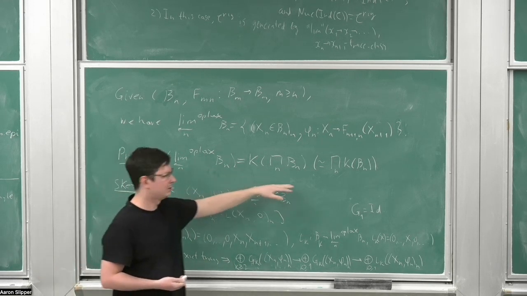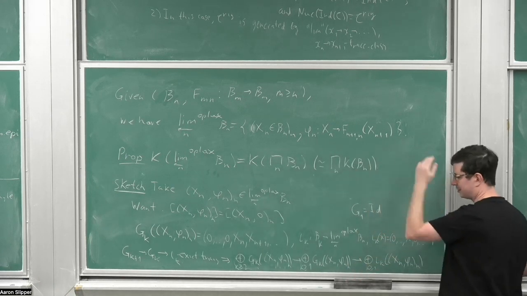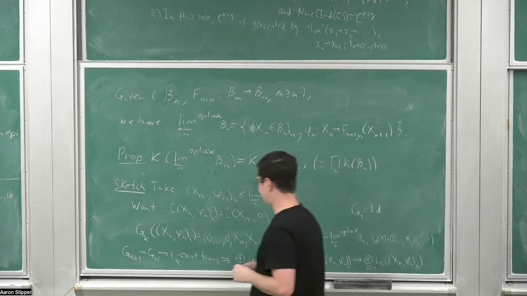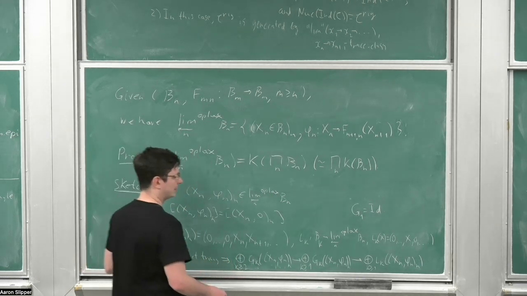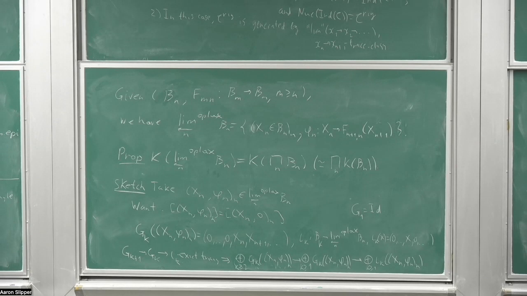The K-theory of the oplax limit is the K-theory of the product, which we know to be the product of the K-theories. This is the first idea, and then we want to apply it.